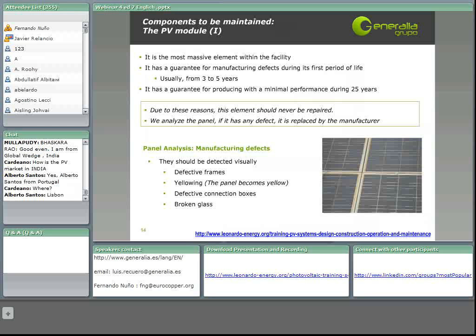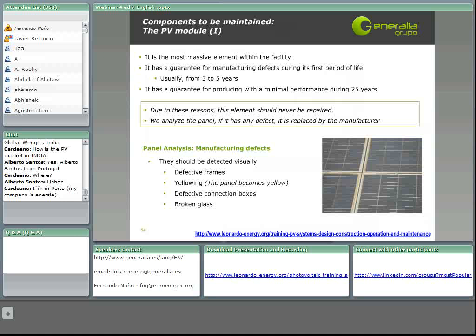Now we will study how to do this analysis. We have to check if the panel has any manufacturing defects when we receive it, and then we have to check periodically if it has any production defect. The manufacturing defects should be detected visually when receiving the panels, and also we have to check them periodically.